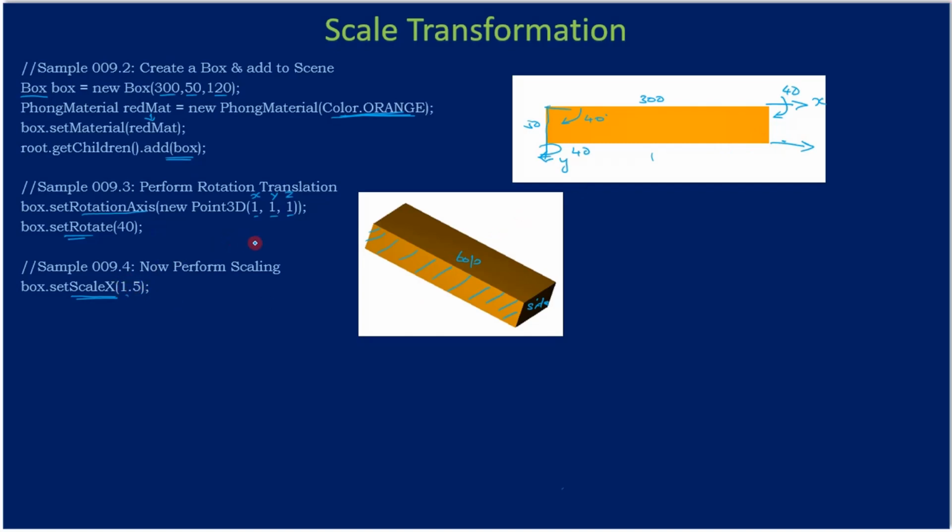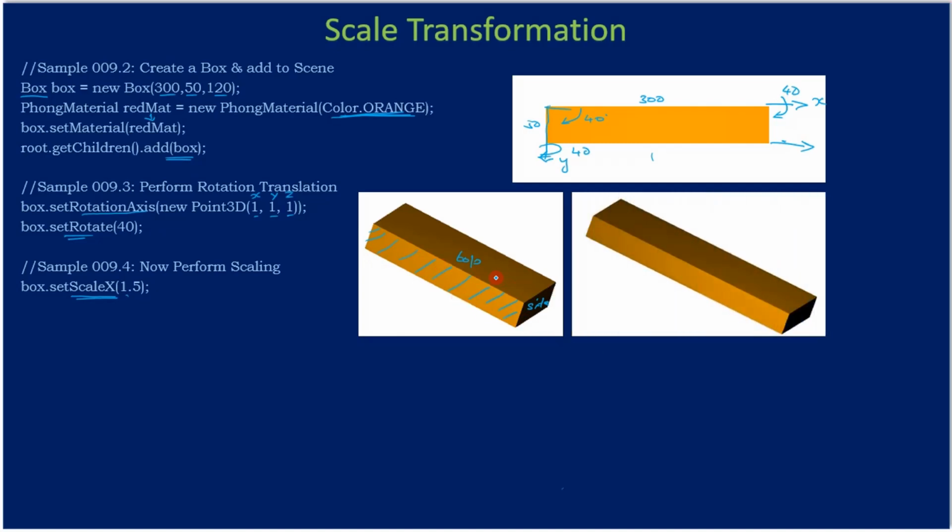So 1 unit goes to 1.5 unit. So here the magnification will go further. And if you see, the box is extended in X direction, right? In X direction it got extended, and others are same.